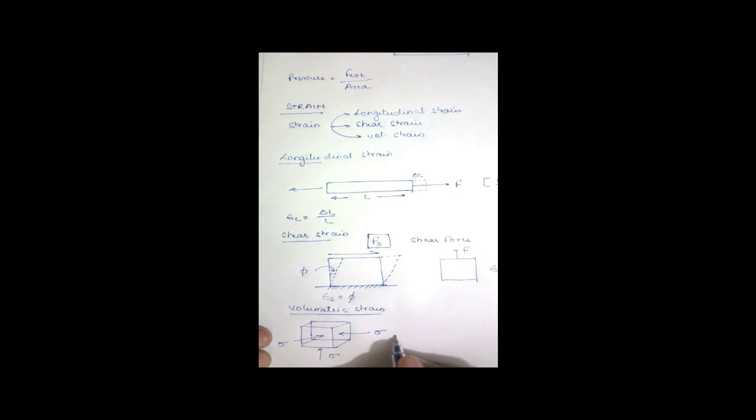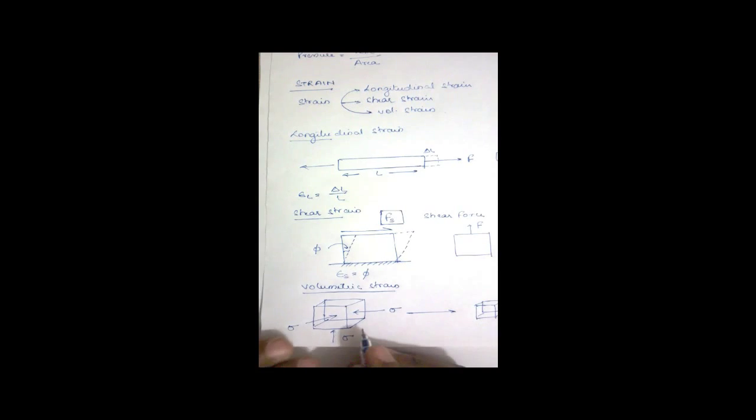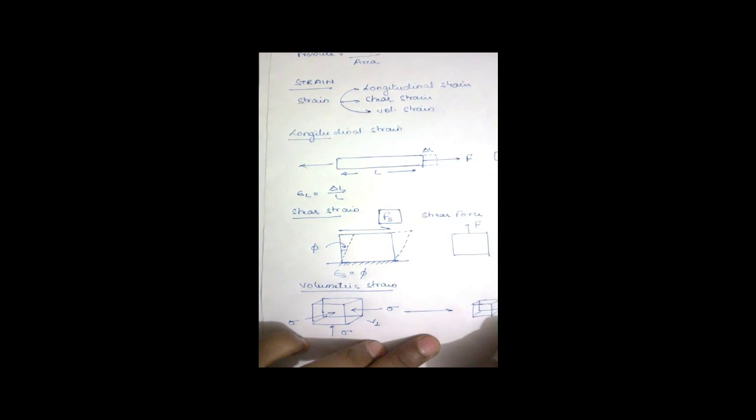Then its dimension will be reduced and the box will have a reduced volume. This, suppose, has a volume V1 and this has a lower volume V2.